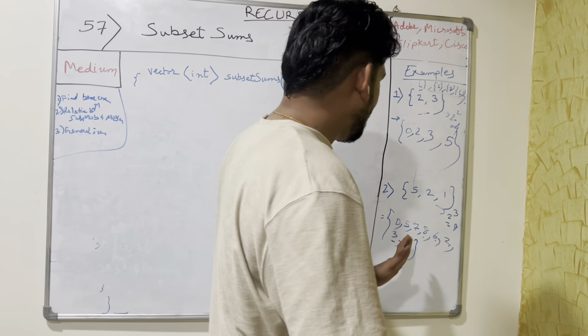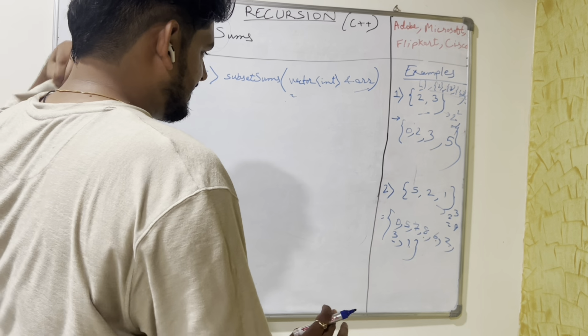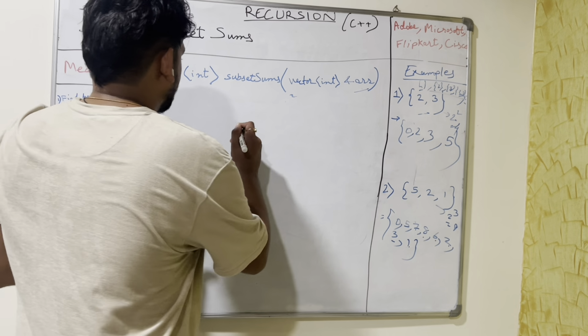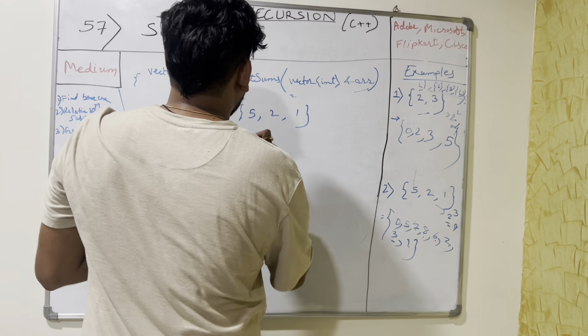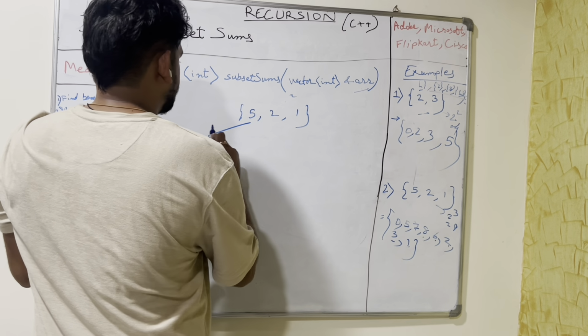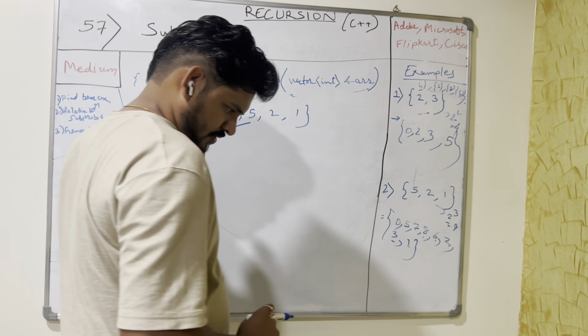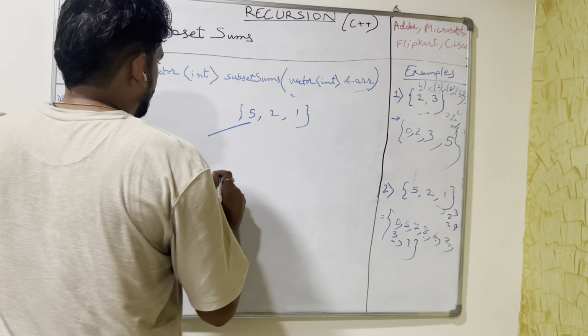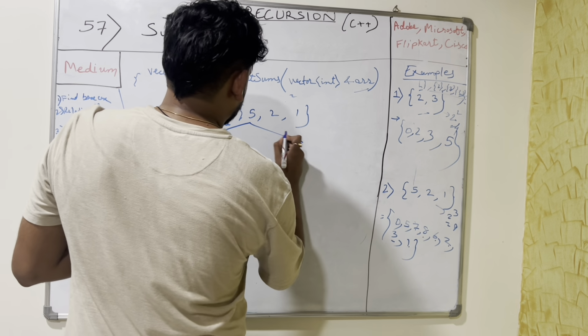So now what did I do here to solve this problem? Let's discuss this. Okay, we have 5, 2, 1. When we are at 5, you have the option of taking and not taking.